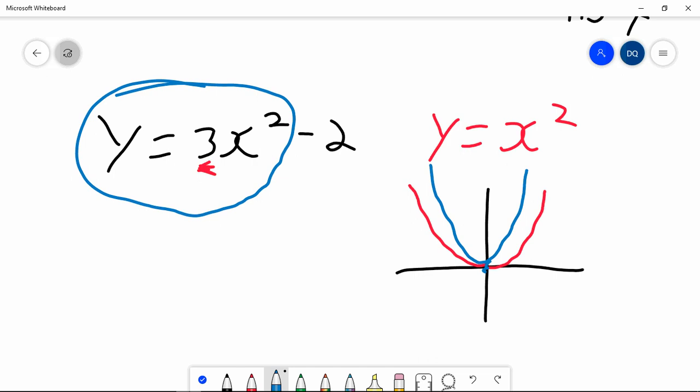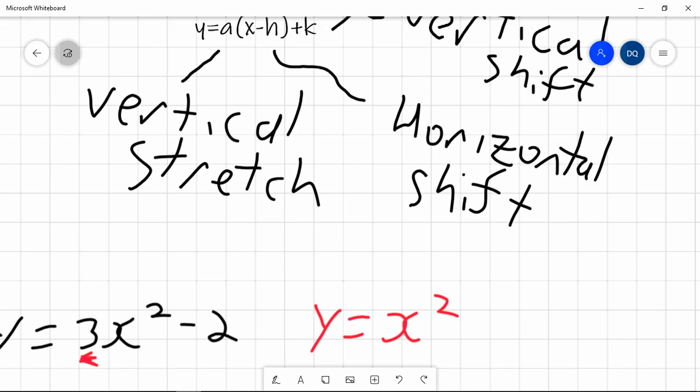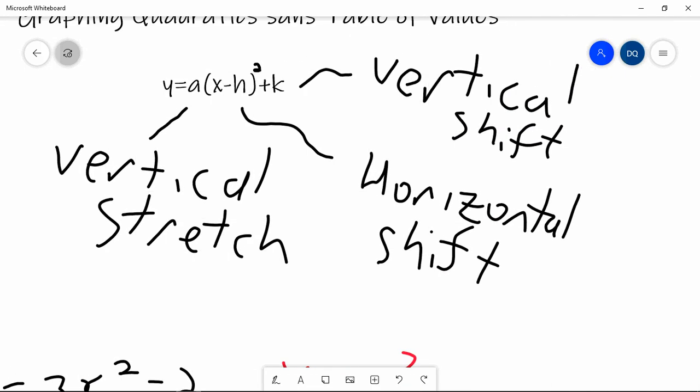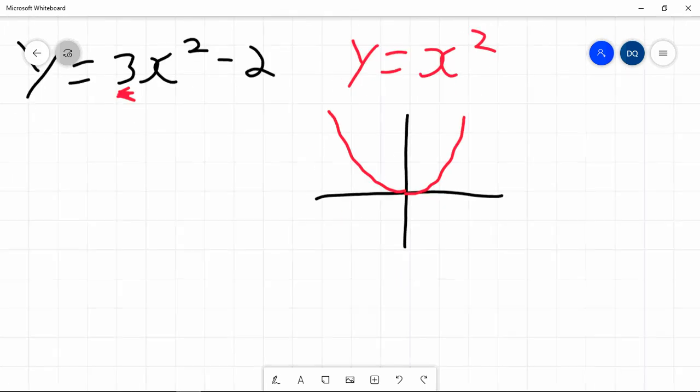However, that minus 2, if I want to incorporate it, is a vertical shift. And what that means is the entire thing is shifted down.